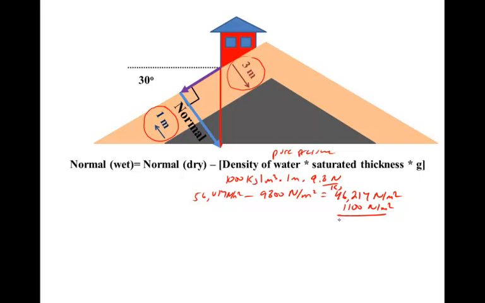Our total resisting forces, 47,314 newtons per square meter. Divide that by our driving force, 32,340. Our new factor of safety is 1.46.